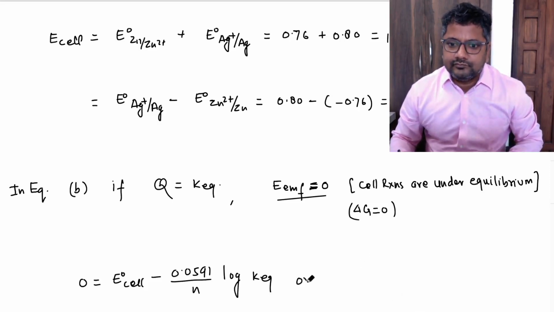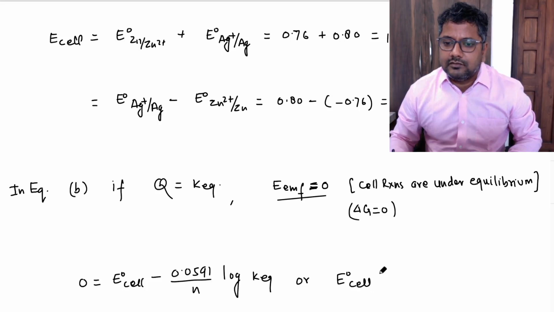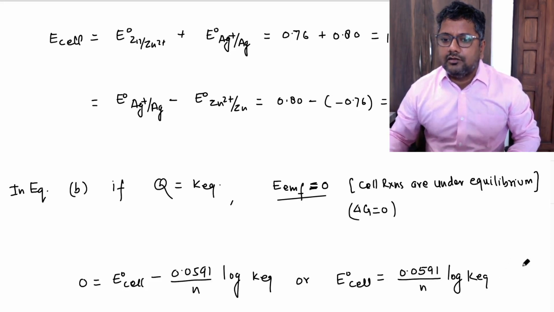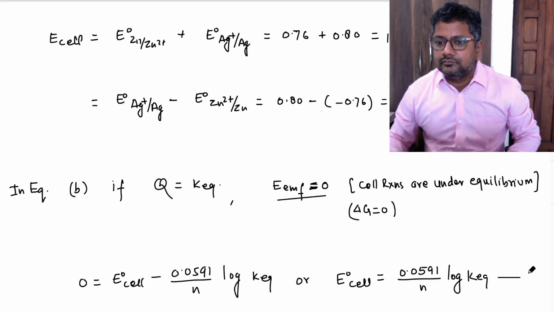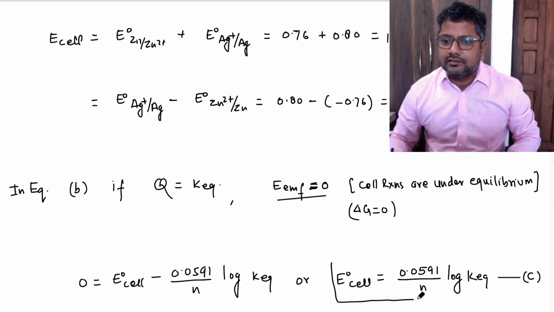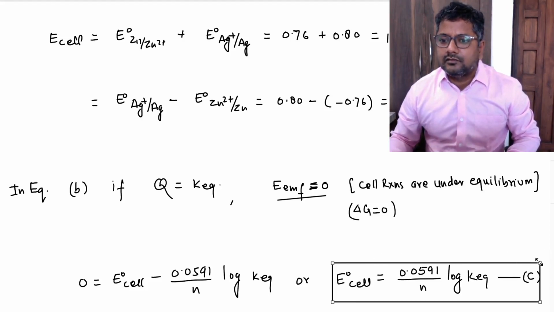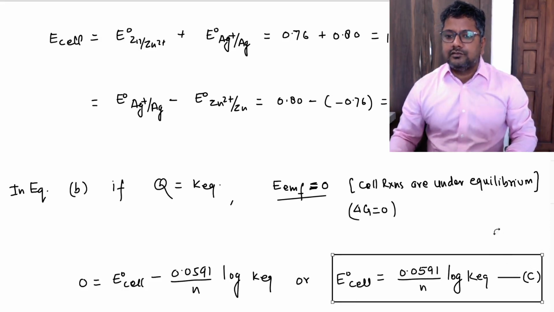Or you can write E naught cell is equal to 0.0591 by n log K equilibrium. This is equation C, and this is also a very important equation. Right?